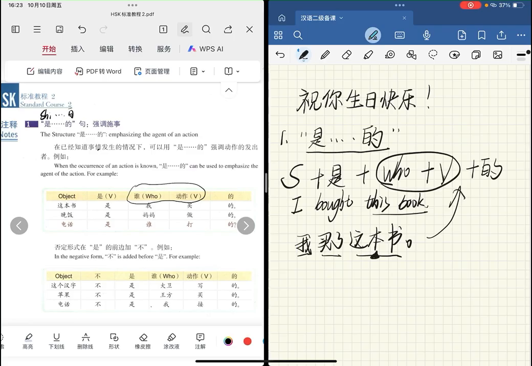I can put the part you want to emphasize, the doer of the action, which is 我, and the action, which is 买, into this pattern.